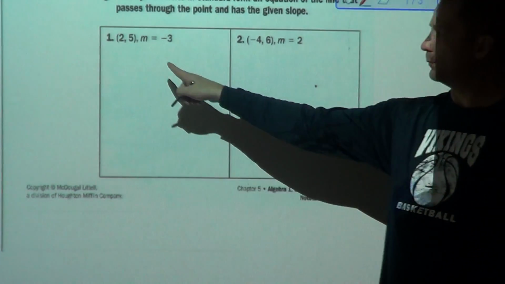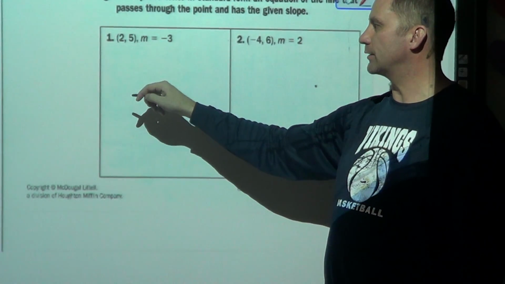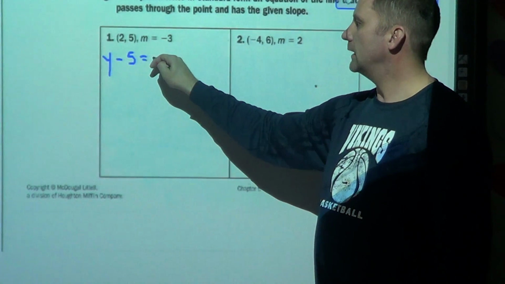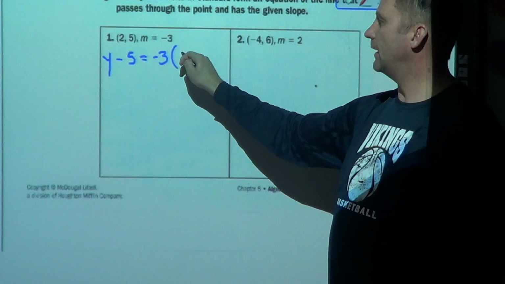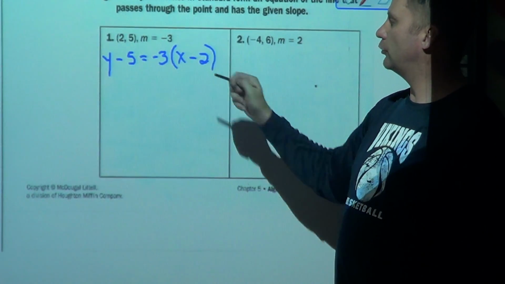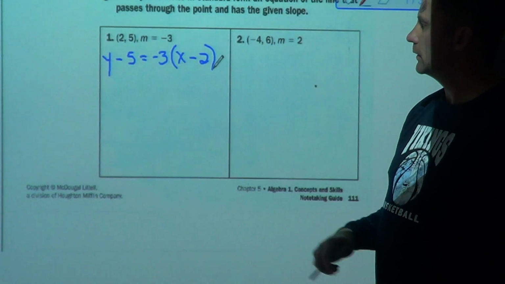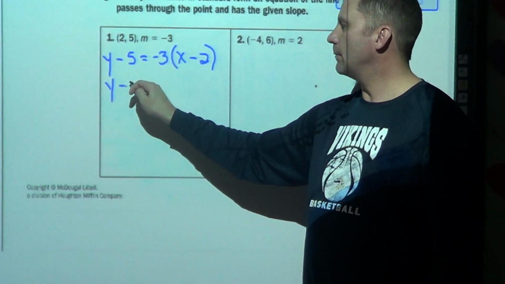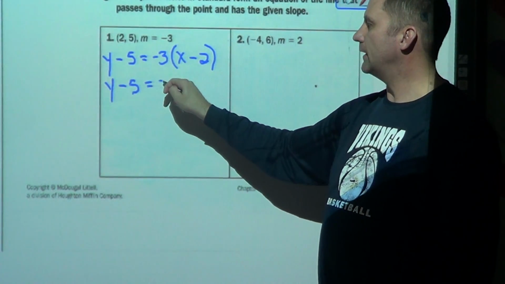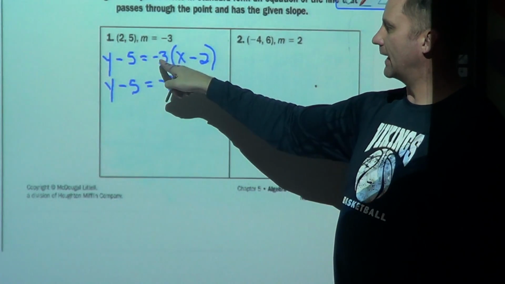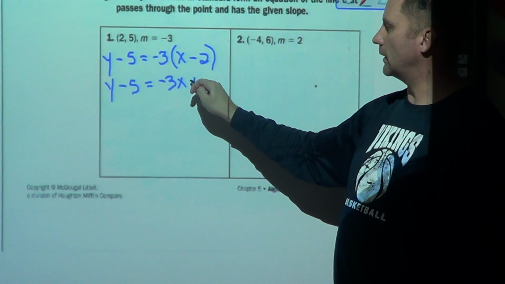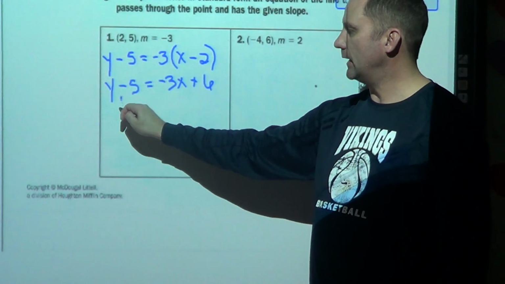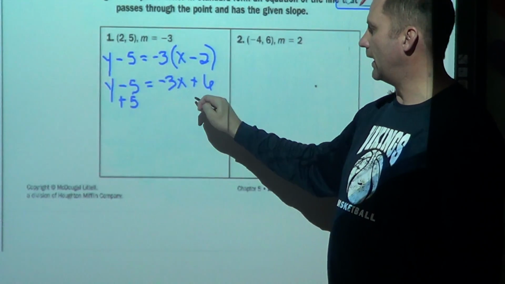Again we have a point and the slope, so we start in point-slope form. It's y minus 5 equals -3 times x minus 2. Get rid of the parentheses by distributing -3. So y minus 5 equals -3x, and -3 times -2 is a positive 6. Next step is to isolate the y. We have to subtract 5, so we add 5.